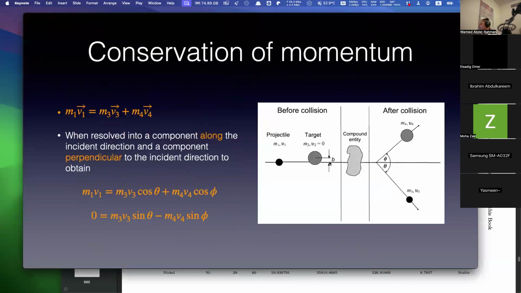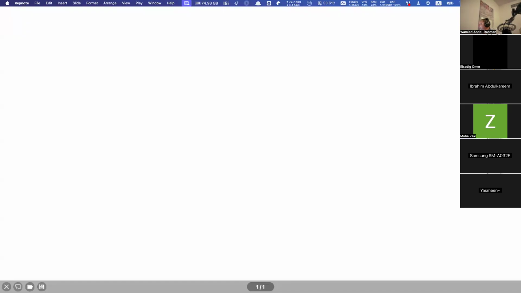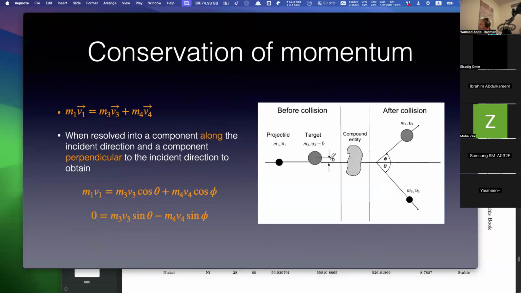If we look at this figure, here we have an impact parameter. Now imagine this is a head-on collision, hitting the target directly, so the impact parameter is 0.